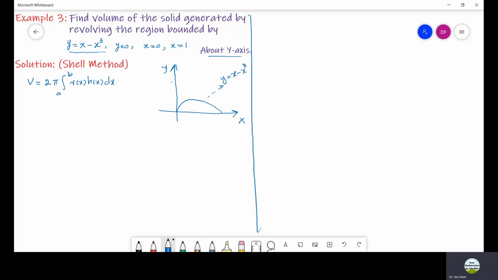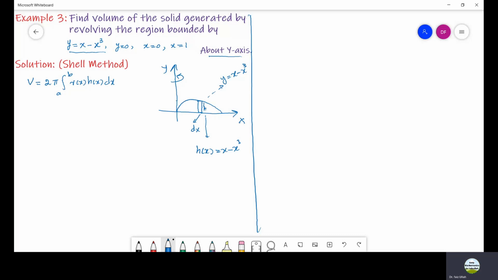Parallel to the axis of rotation, we can find a cylinder. Now the thickness is denoted by dx, and this is the height h. So the height here is h(x), which is equal to x − x³.